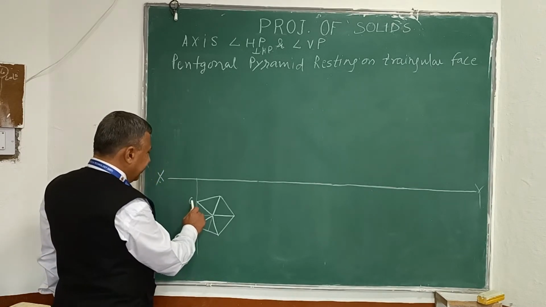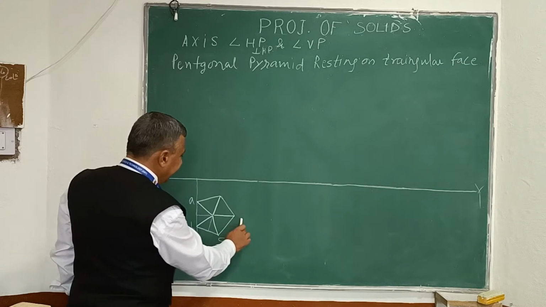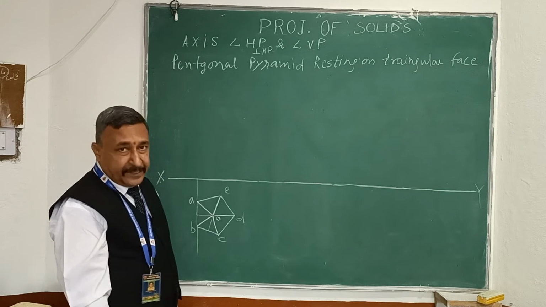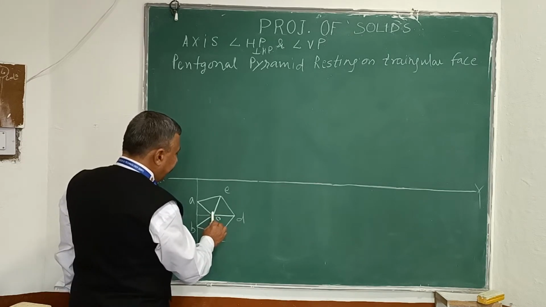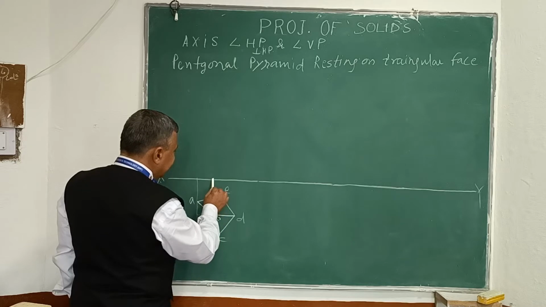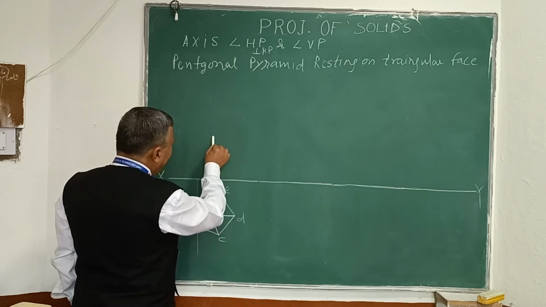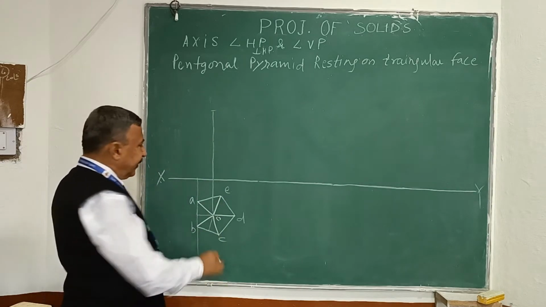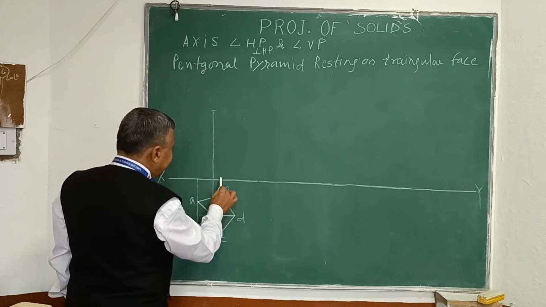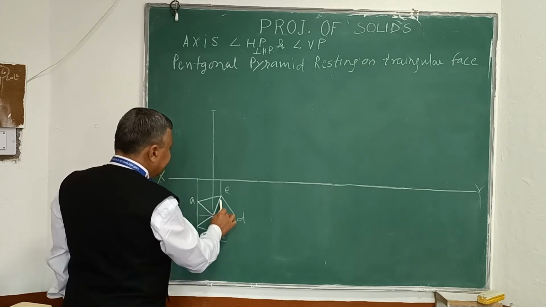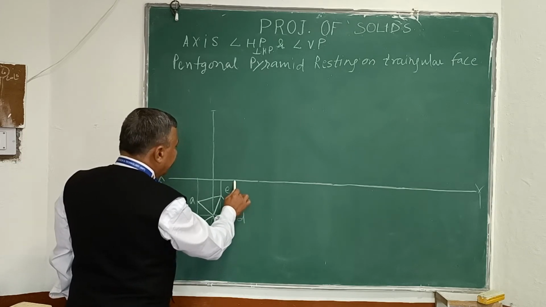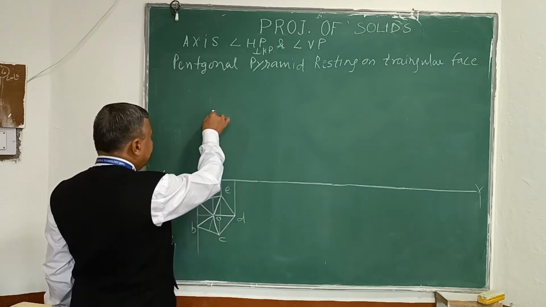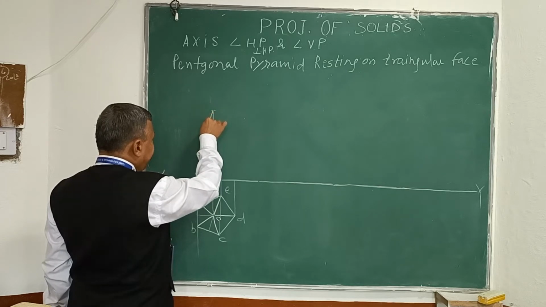Now we have to name it. This is A, B, C, D and E, and this point is O. It is the apex. So when we draw the projectors, one projector is through O, it gives you the apex, and another projector gives you the base points that are on XY. So join it.